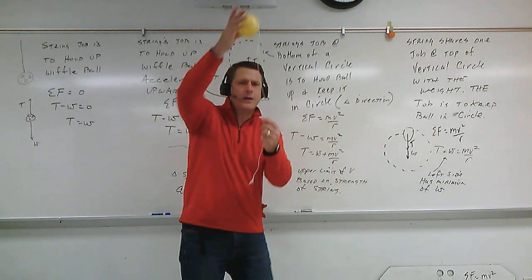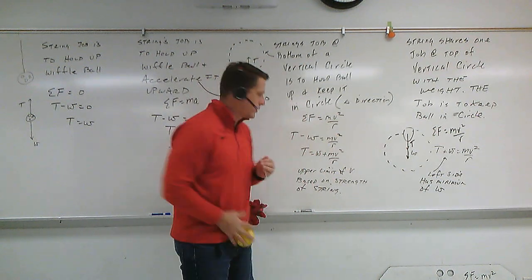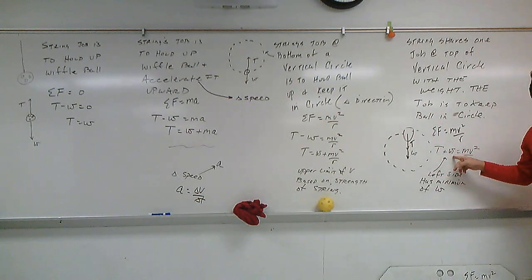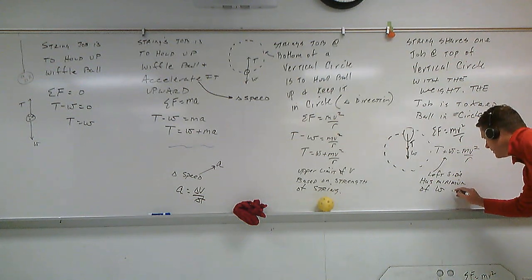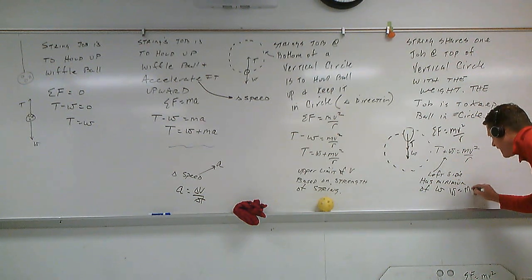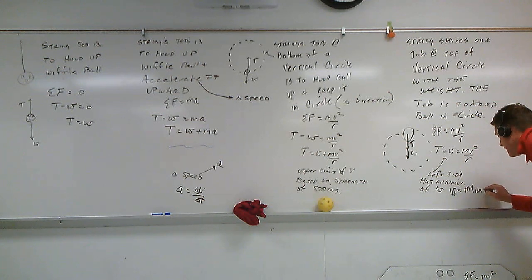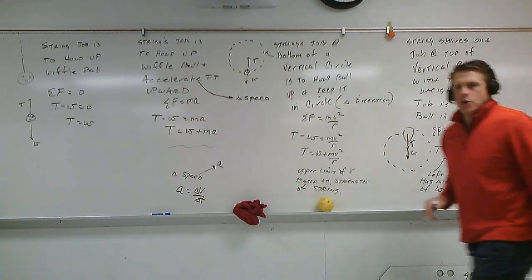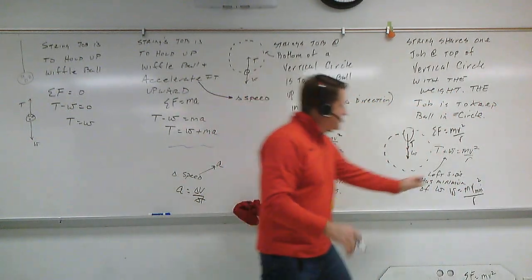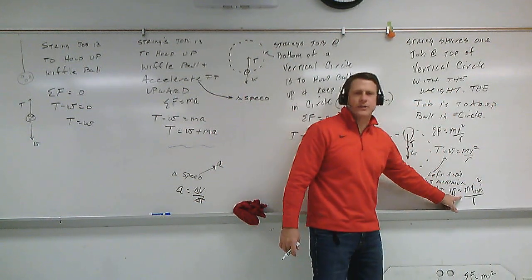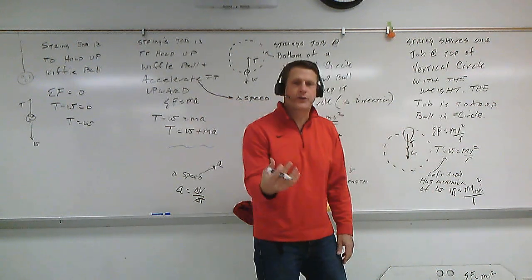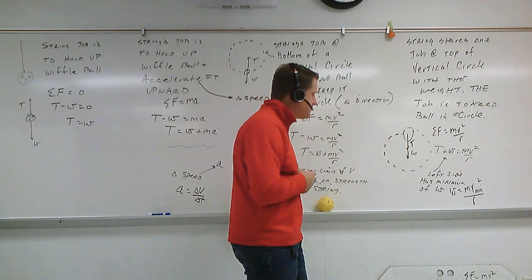Well, now if we don't want the ball to fall out of the circle, then mv squared over r has to match the weight. So we have this minimum where W equals m times v min squared over r. Anything lower than this speed in the equal sign doesn't work anymore, and therefore the ball falls out of the circle. Well, what is that minimum speed?